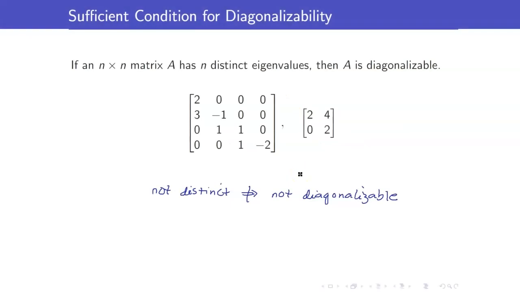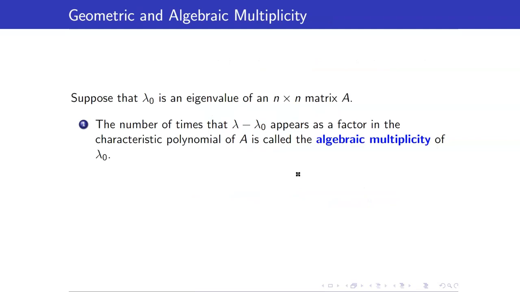To continue our study of diagonalizable matrices, let us define the algebraic and geometric multiplicity of an eigenvalue. Suppose that lambda 0 is an eigenvalue of a square matrix A. The number of times that lambda minus lambda 0 appears as a factor in the characteristic polynomial of A is called the algebraic multiplicity of lambda 0.